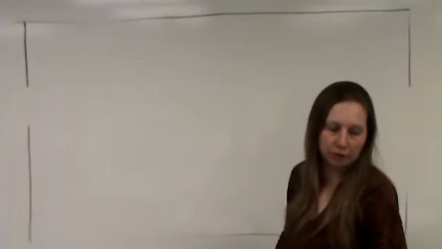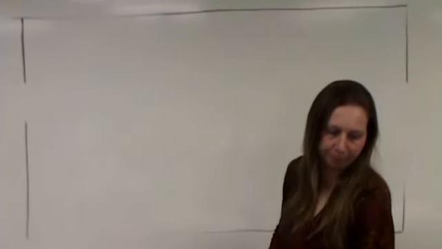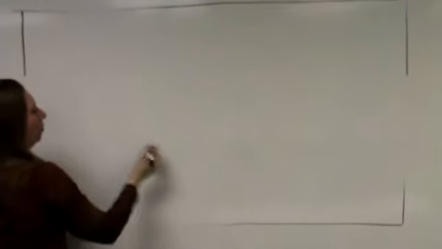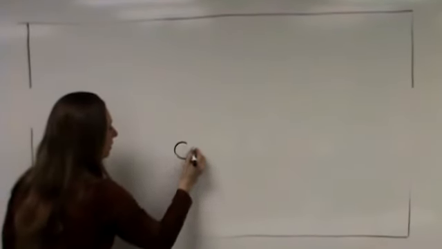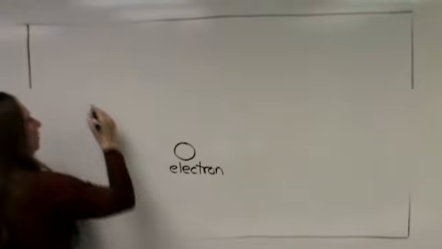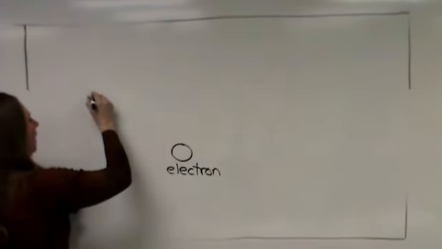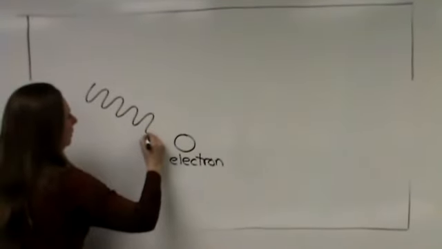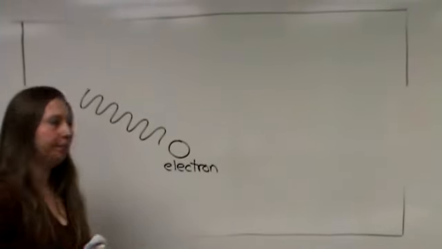Now, what about the particle nature of light? Well, for example, when a light wave strikes an electron, now I'll draw it with a high frequency, like for example an X-ray.